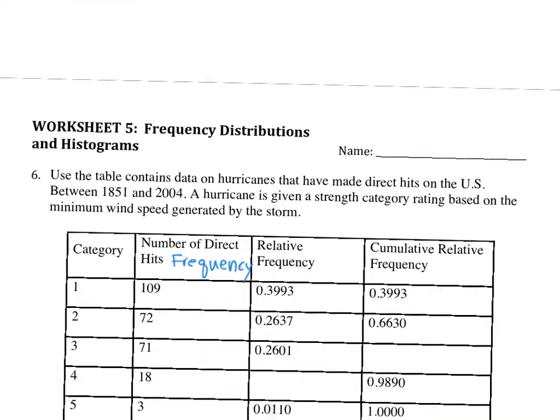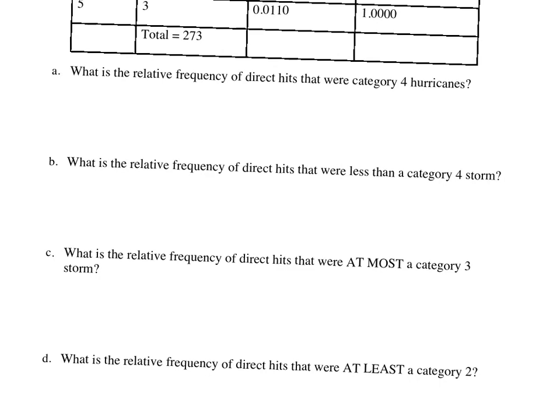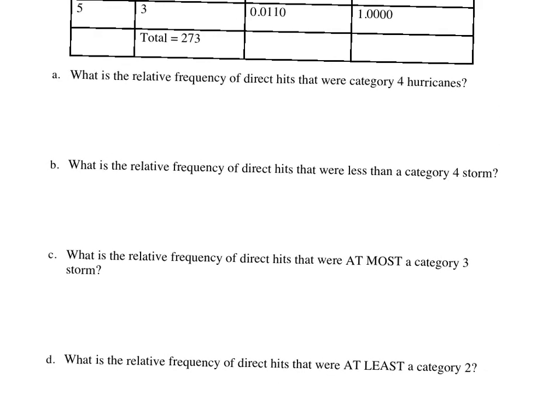If you look at number 6, part C, it has the phrase at most, and the next one is at least. Just to remind you, at most means up to something. So at most category 3 means up to category 3. That means it could be category 1 or category 2 or category 3, but not category 4.